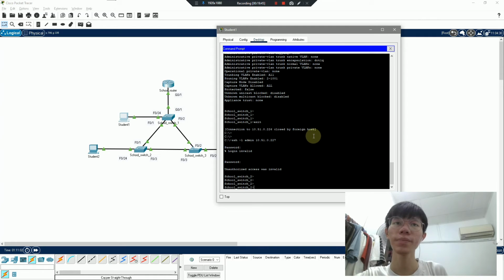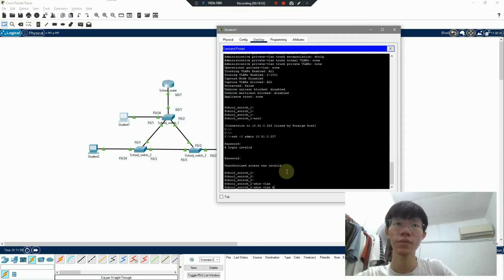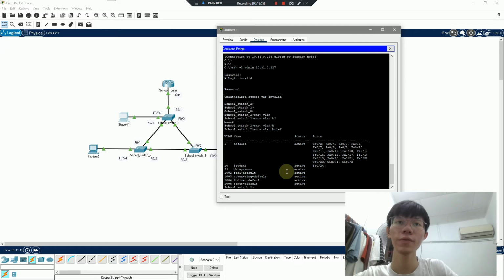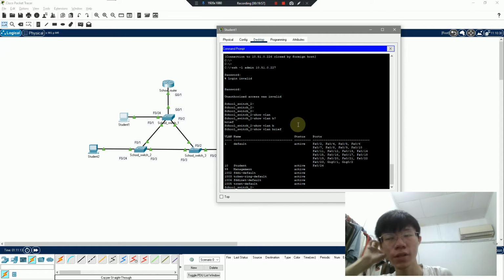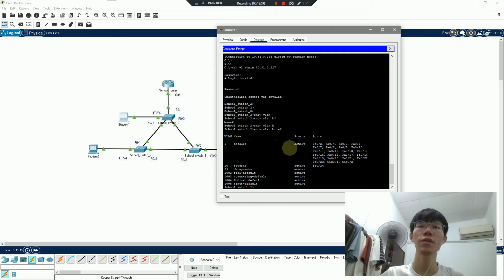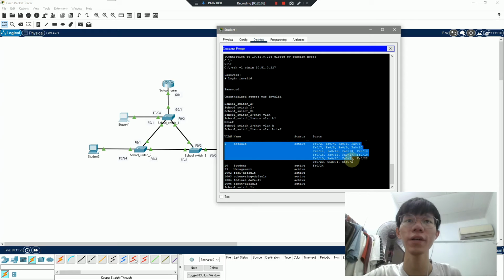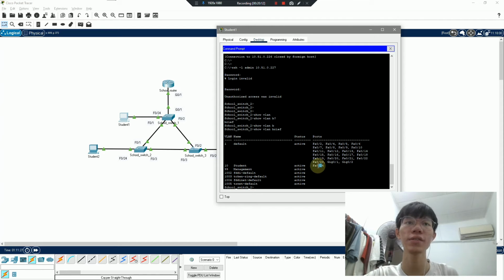So switch 2, show VLAN. So this is the VLAN table for the switch 2. So VLAN 1, which is default, we got VLAN 10 and VLAN 99, and VLAN 10 we assign the FastEthernet 0/24 for it.